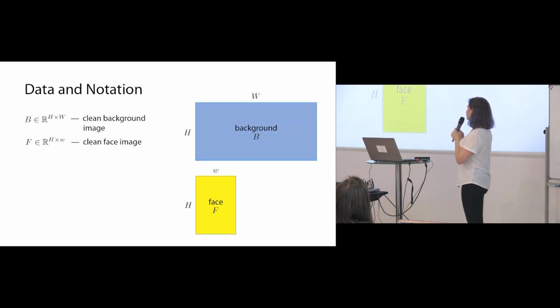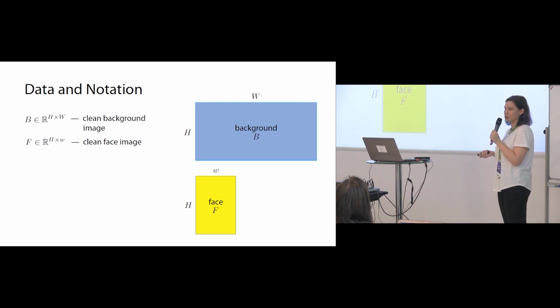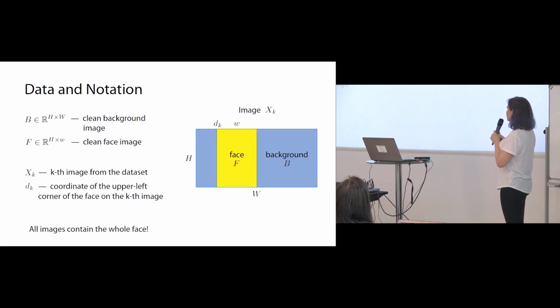In more mathematical notation, what do we have? We have K images. All of them are of the same size, and all of them contain the same background and the same face of the suspect. The difference between images is the position of the face in the image. So in each image, we have some random horizontal shift d_k, the position of the face in this image.